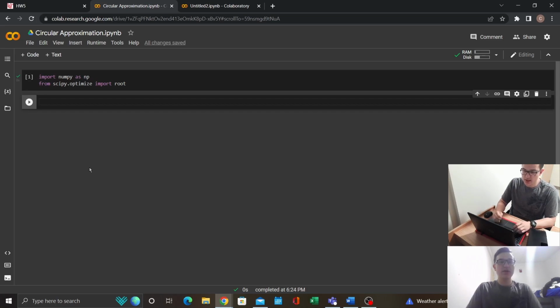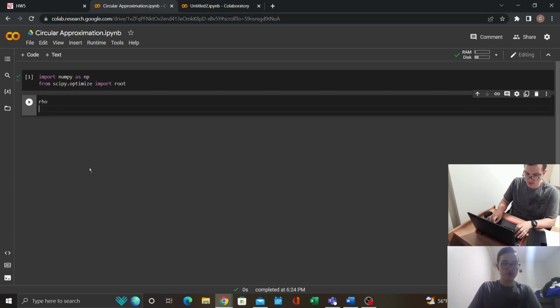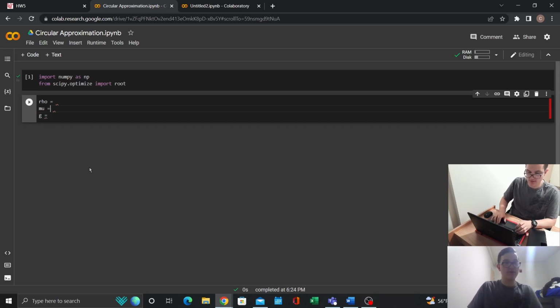Cool. So the Reynolds number, as usual. I also have notes over here of just the equations that we had earlier because I'll need to plug them all in. Reynolds number is rho v velocity diameter over mu. And then we also need g, the gravitational constant.